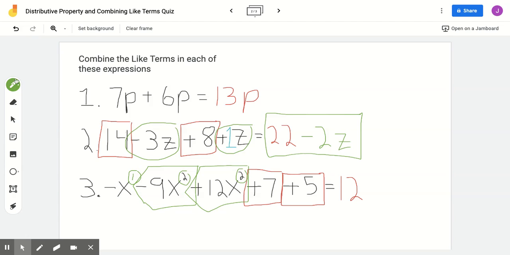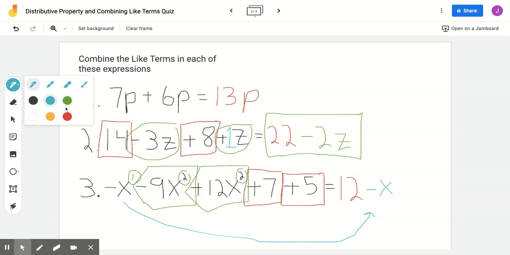So this is just going to come all the way over, and it's going to be in our final expression because we can't combine it with anything. So we have 12 minus x, and then we can combine our like terms here in green. So negative 9x squared plus 12x squared.